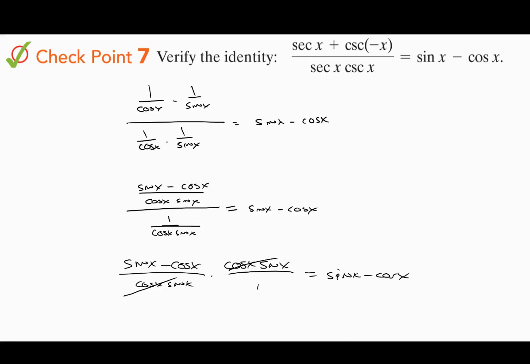The sine minus the cosine. And that's all that's left. So the sine minus the cosine of x is equal to the sine minus the cosine. And that is now verified. Okay, so fractions over fractions, combine them, multiply by the reciprocal of the denominator.